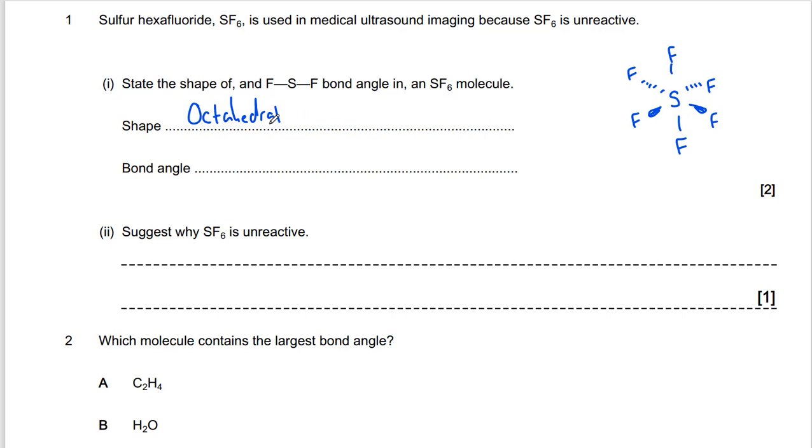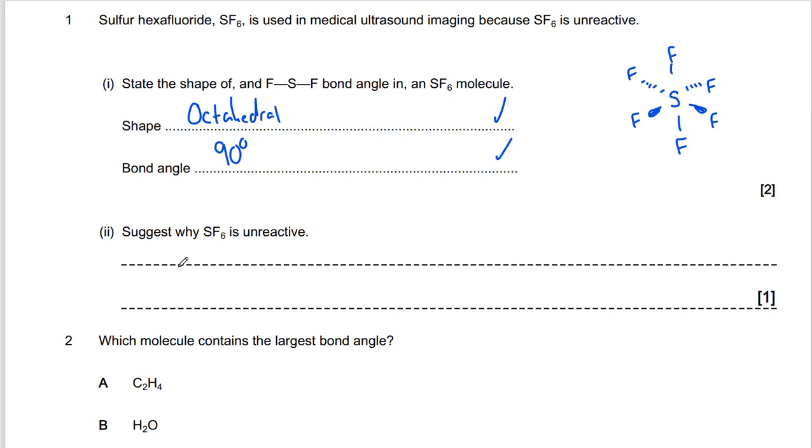It's because if you make the 3D shape and connect all of the points up with actual faces, you would get an octahedron. And luckily for us, the bond angle is very straightforward. Every single bond angle in an octahedron is 90 degrees. Always will be. And you get 2 marks for very little work there.